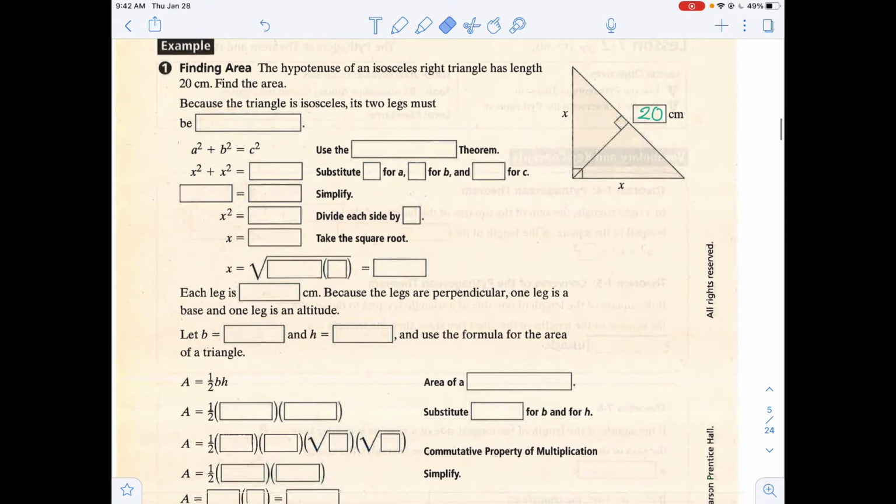Okay, we got our first example, finding the area. The hypotenuse of an isosceles right triangle has a length of 20 centimeters. Because the triangle is an isosceles triangle, the two legs must be congruent. A squared plus b squared equals c squared, so we're using the Pythagorean theorem to solve this problem.